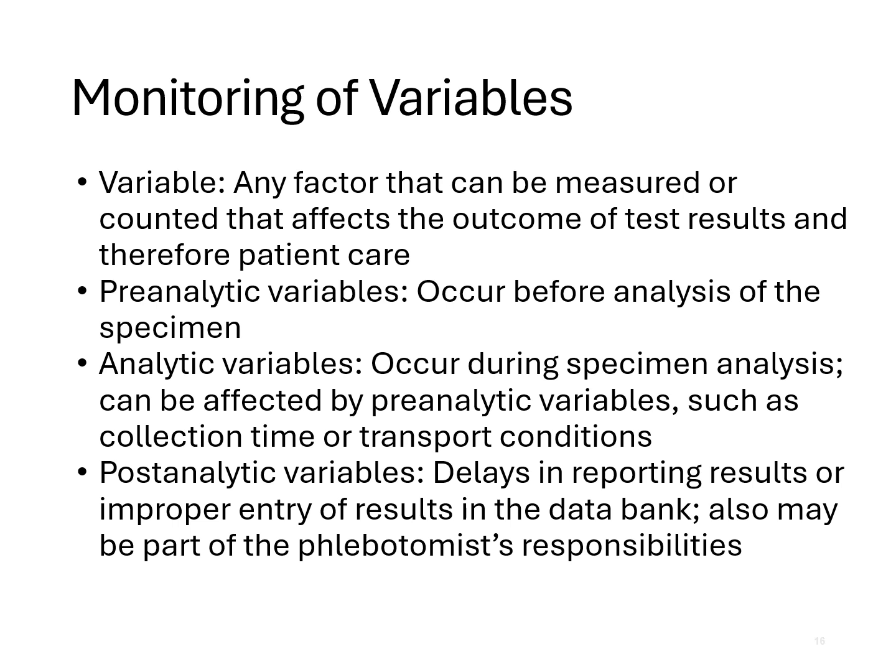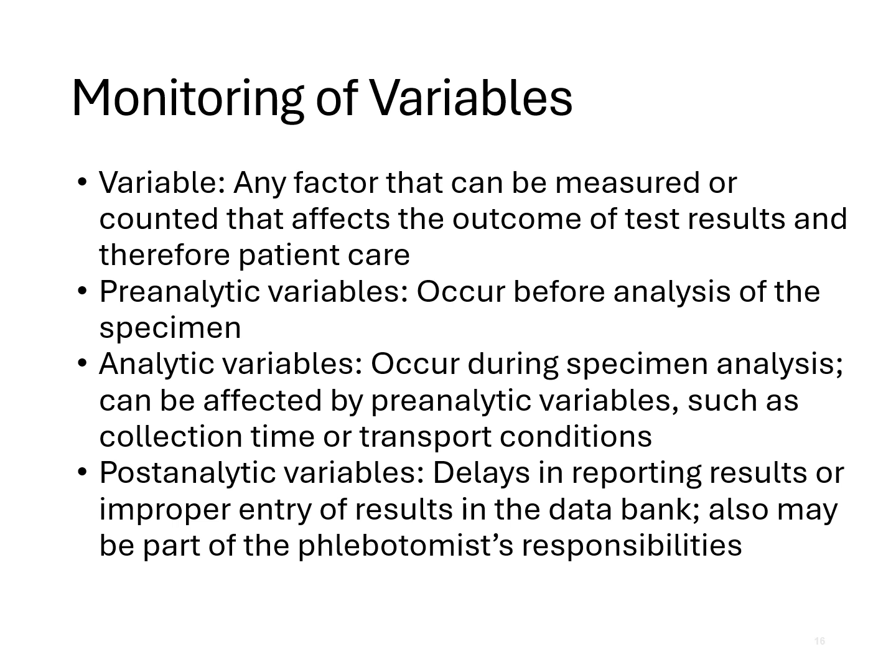Monitoring of variables is performed and documented to ensure that its impact on test results is minimized. The phlebotomist is most responsible for controlling the pre-analytic variables. A variable is any factor that can be measured or counted that affects the outcome of a test result and therefore ultimately patient care. Those pre-analytical variables fall heavily on the phlebotomist, and this occurs before analysis of the specimen.